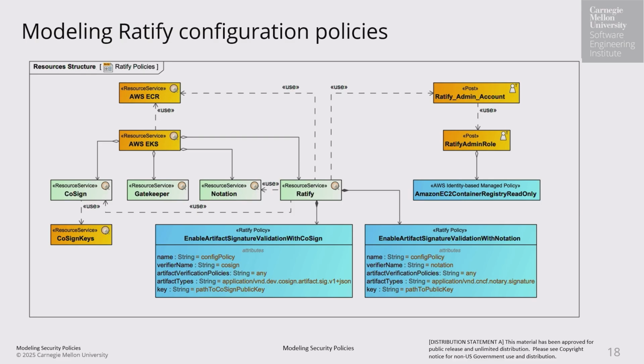It actually shows the key, the path to the key that was used to sign, or pair of keys that were used to sign the image. So this type of policy is a configuration policy that you could also model, right? And you could see the connectivity between the utilities working behind EKS that is also defined in there. So the model becomes really precise in terms of your intentions, what you're trying to do and what you allow or not.